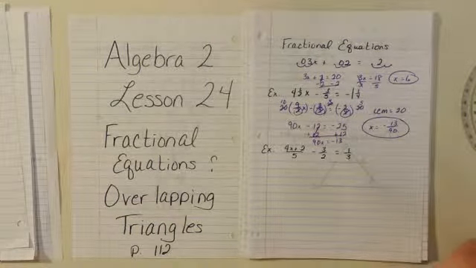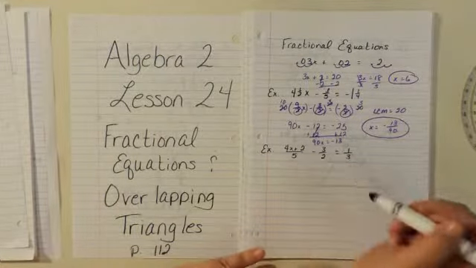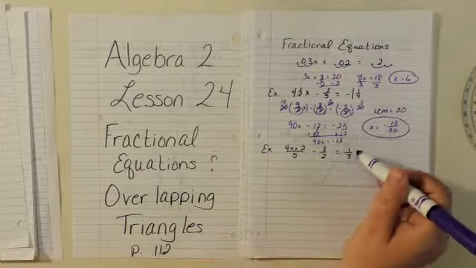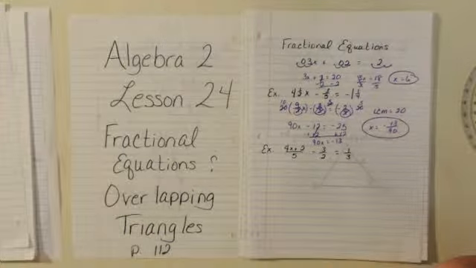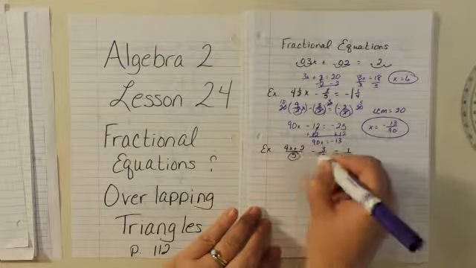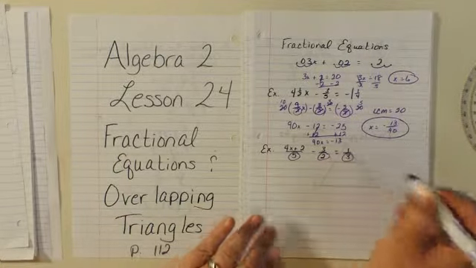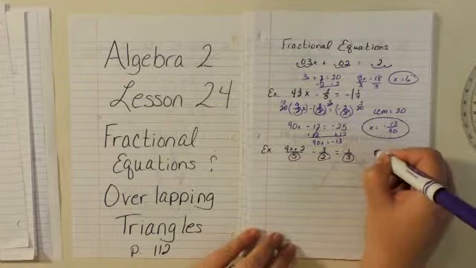Okay, let's try another one. We have 4x plus 2, quantity over 5, minus 3/2 equals 1/3. So we need to find the least common multiple of 5, 2, and 3. And the lowest common multiple is going to be 30.